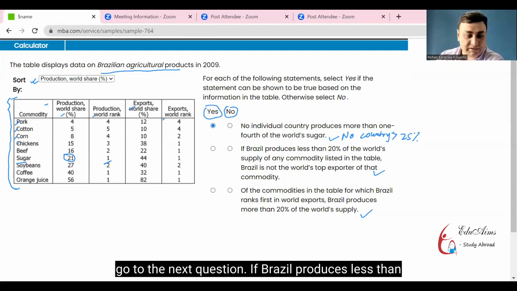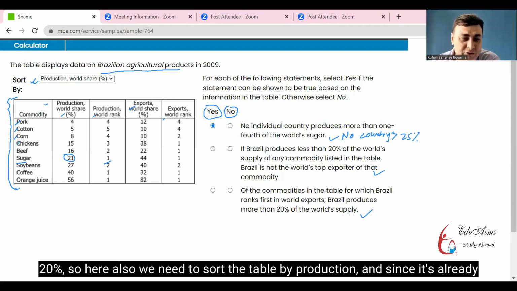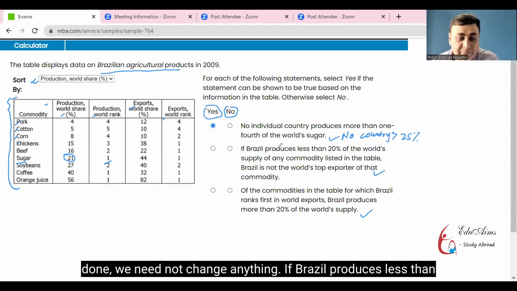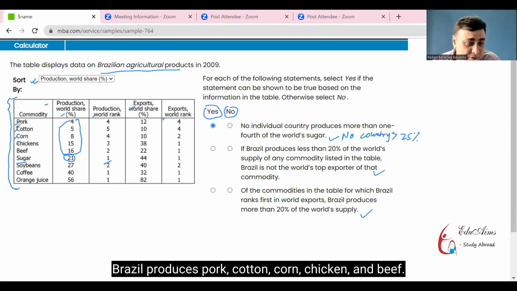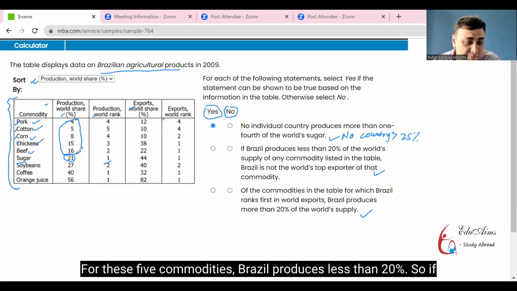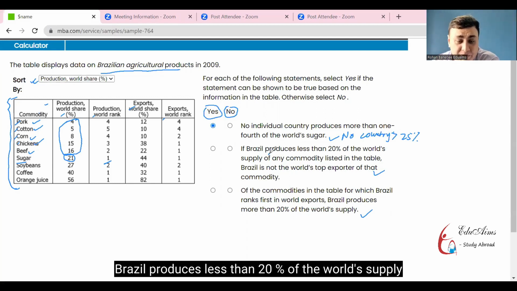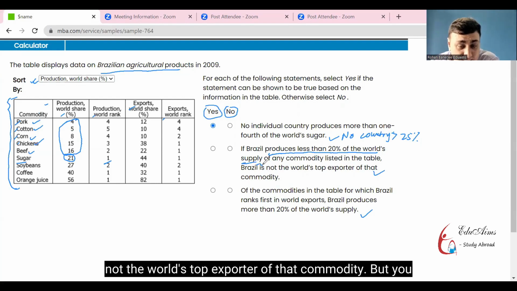Okay, let's go to the next question. If Brazil produces less than 20%, here also we need to sort the table by production, and since it's already done, we need not change anything. Among these commodities, Brazil produces less than 20% of pork, cotton, corn, chicken, and beef. The statement says that if Brazil produces less than 20% of the world's supply of any commodity listed in the table, Brazil is not the world's top exporter of that commodity.